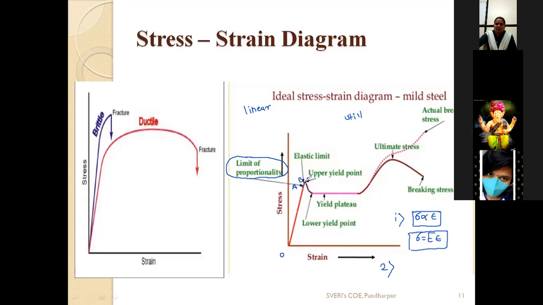Okay, you observe here in between B to C, strain increases, but stress is almost constant. म्हणजे B आणि C मध्ये स्ट्रेस हा कॉन्स्टंट दिसतोय पण स्ट्रेन इथे इनक्रीज झालेला आहे. ओके, सो विथ ऑलमोस्ट कॉन्स्टंट स्ट्रेस.